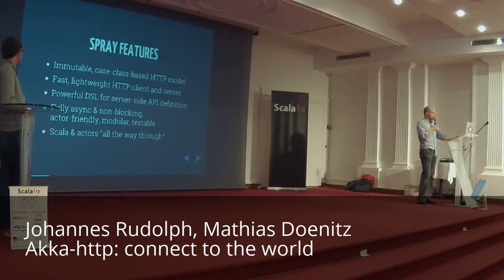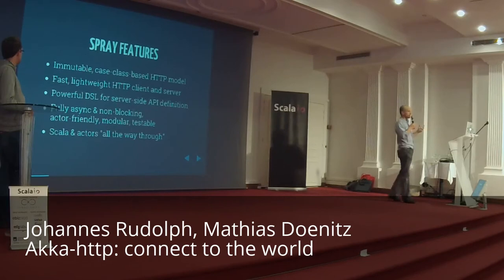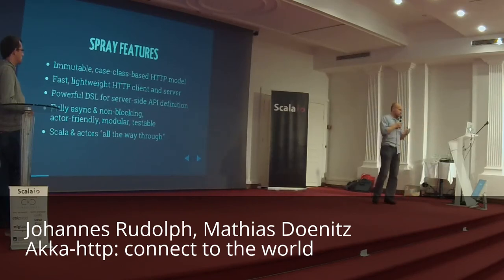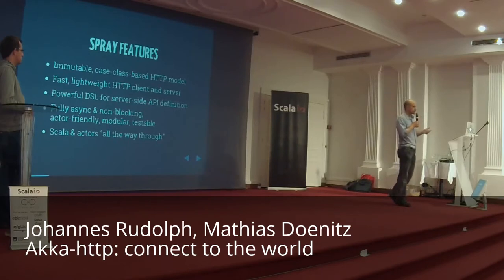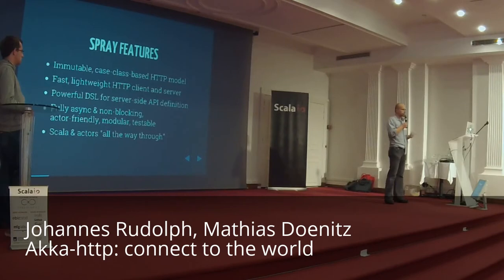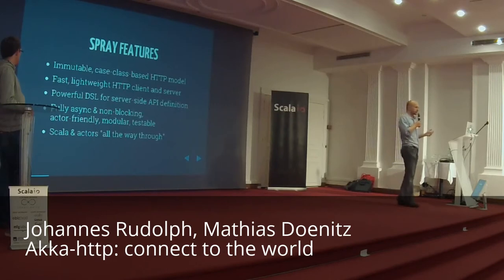We look quickly at the features. Spray gives you an immutable case class-based HTTP model. So for everything that you work with in HTTP, there's already a case class or an object or something defined for you that you can just work with. The focus is on being fast and lightweight, so nothing heavy, not too many features in one place where you don't need them.